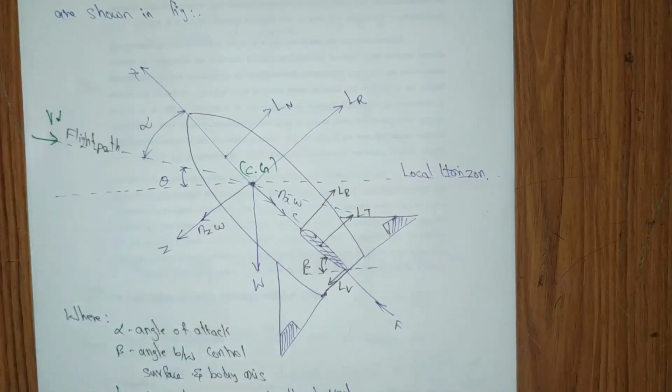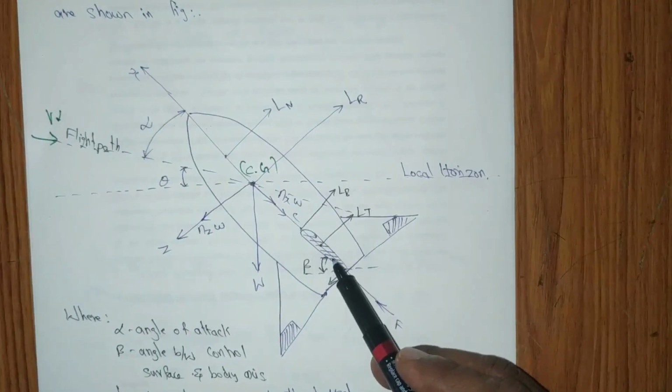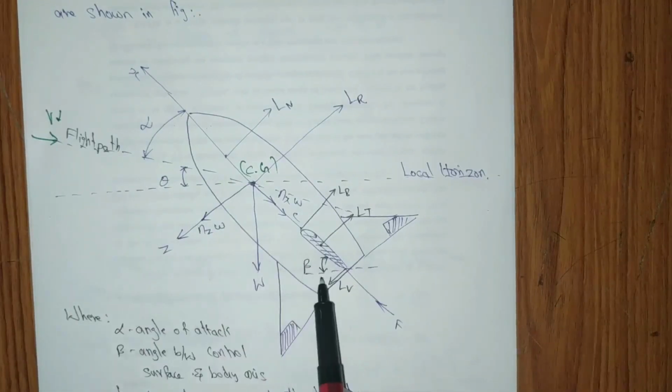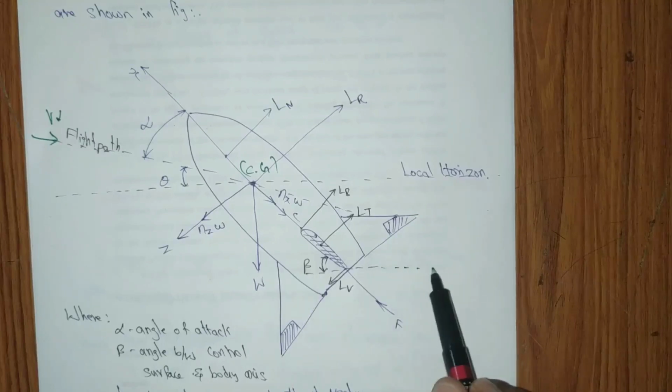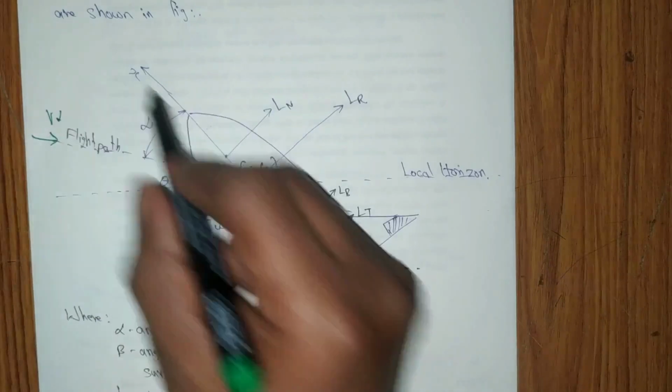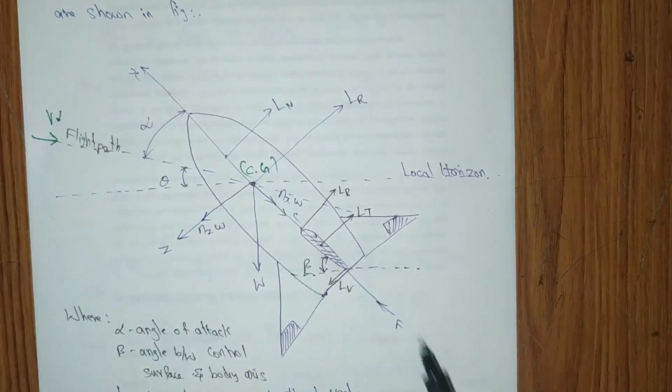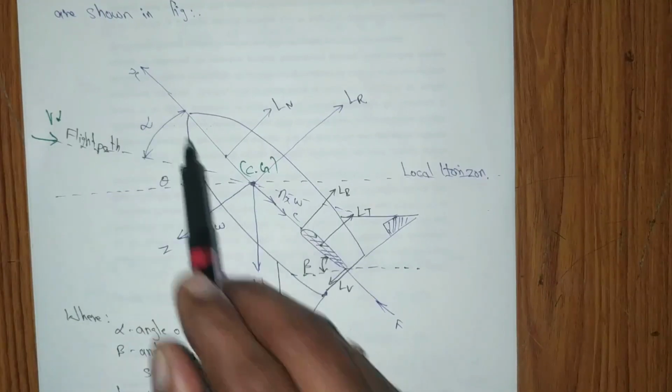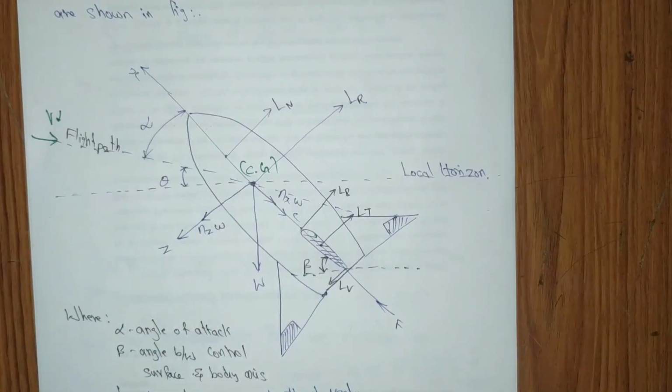So we have the fins or control unit, that we have the beta angle, the angle between the reference axis and the controls or the body axis, right? Let us consider the body axis. And at the CG, we have the different components.